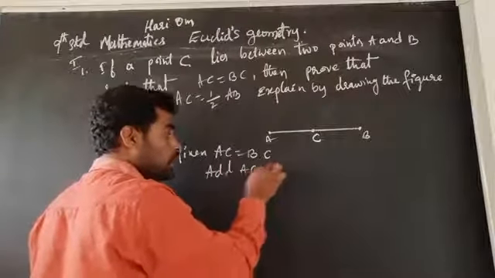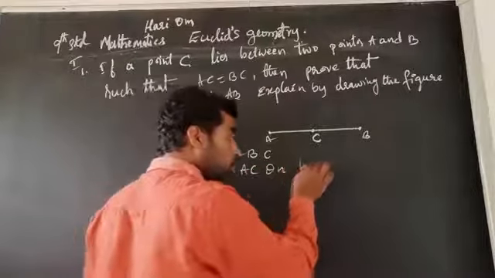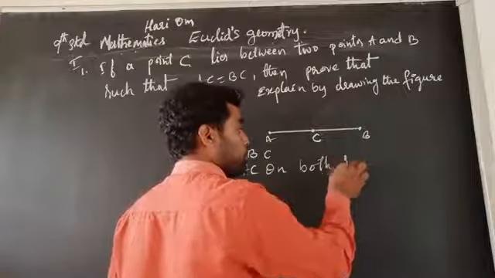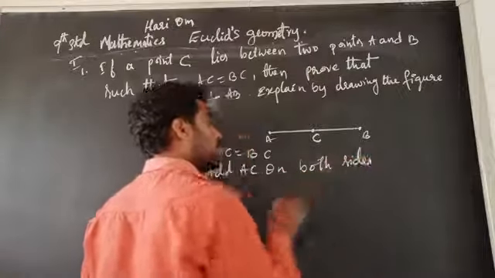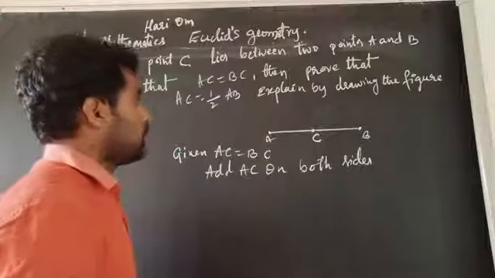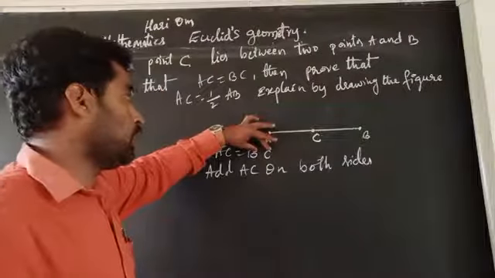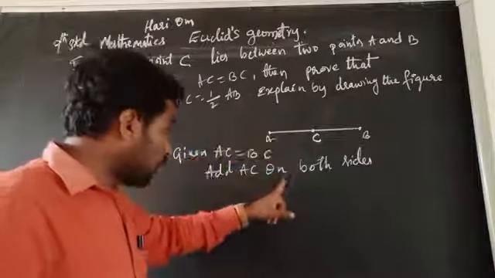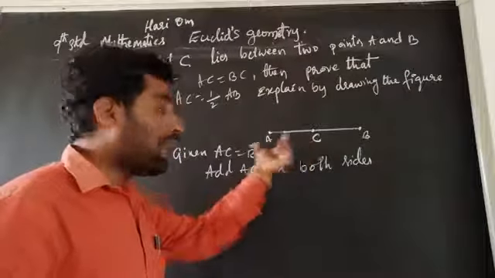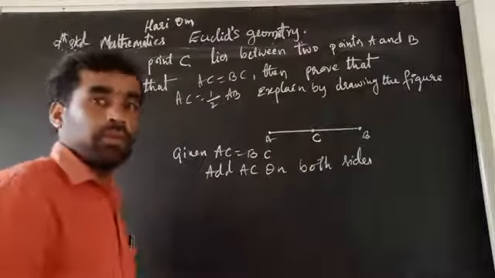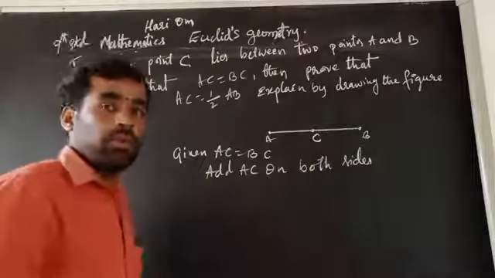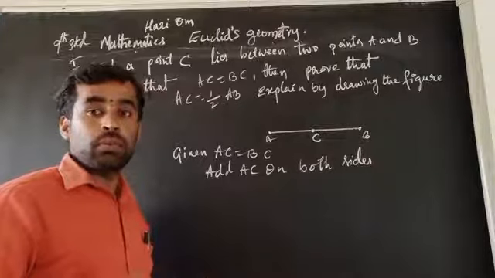Now add AC on both sides. Is it clear? By given AC is equal to BC, now I am going to add AC on either side. So by the axiom, equals added to equals, the wholes are equal.